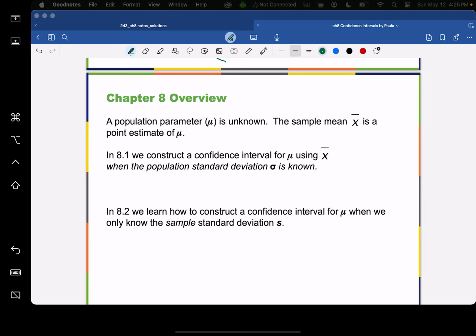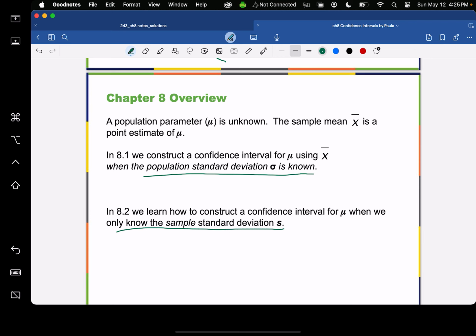So in 8.1, we construct a confidence interval for mu using x bar. And in 8.1, the population standard deviation is known. In section 8.2, we don't know sigma, we only know the sample standard deviation.